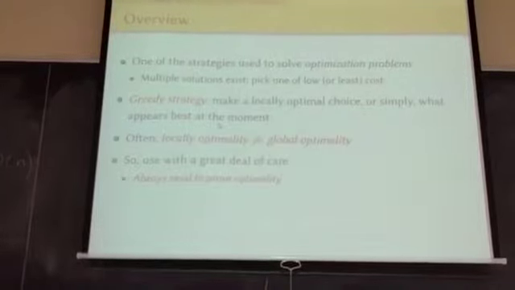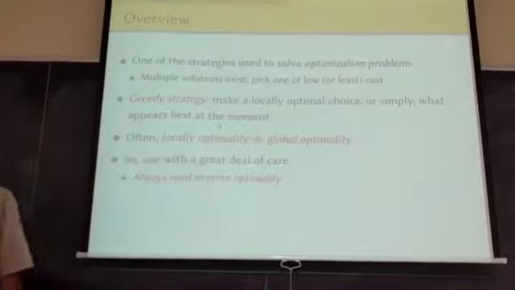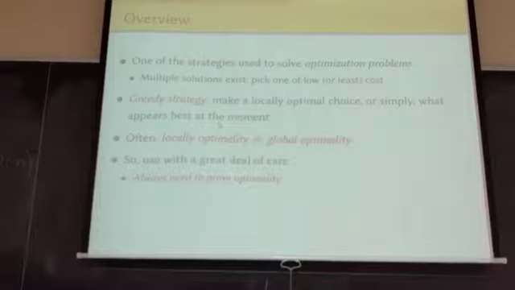So then we covered greedy algorithms, right? Greedy algorithms are used to solve optimization problems. And again, greedy means you're trying to make a locally optimal choice without doing the difficult work of identifying what is globally optimal. And so most of the time it doesn't work. So you need to be careful in using greedy strategies.